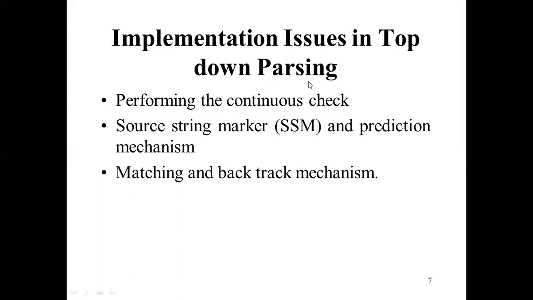If your string matches the given string, or whatever output you want, then we finalize the output. Otherwise, we use the backtrack mechanism. It means our path is wrong, so we return from that point and choose another option.